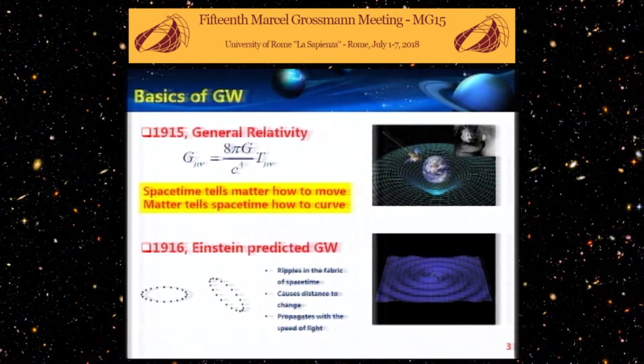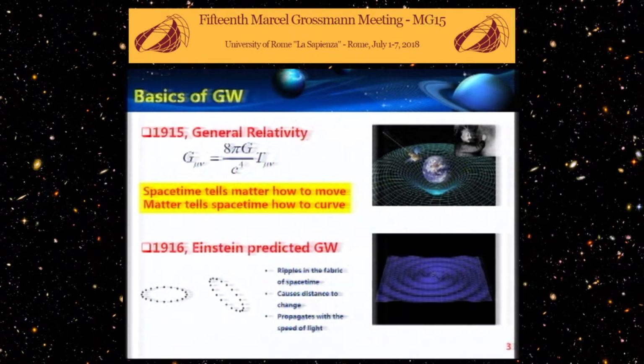As we know, about 100 years ago, Einstein formulated the so-called general relativity. In this equation, the left is the geometry, the curvature, and the right-hand side is the energy or momentum of the mass.